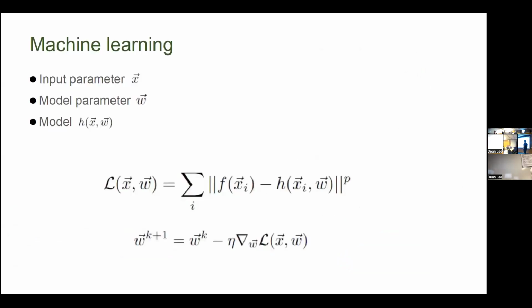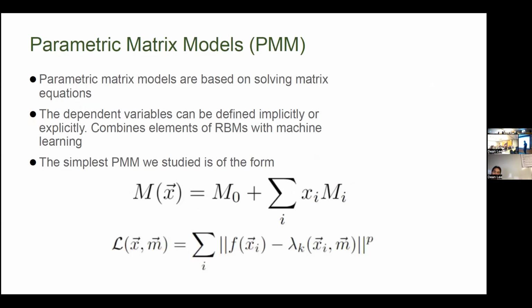So a quick snippet on machine learning. Say you have an input parameter X, and then you have a model H that has model parameters W. We fit that to data by minimizing some loss function. In neural nets, it's usually done by gradient descent. Then we have what we worked out, the parametric matrix models, which are based on solving matrix equations, and combine elements of both RBMs and machine learning.